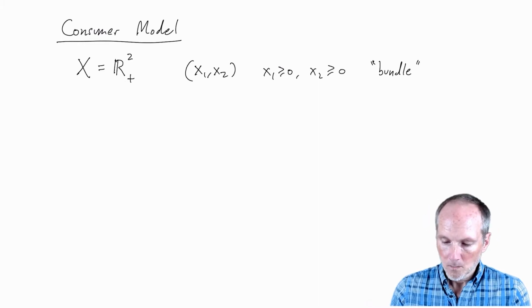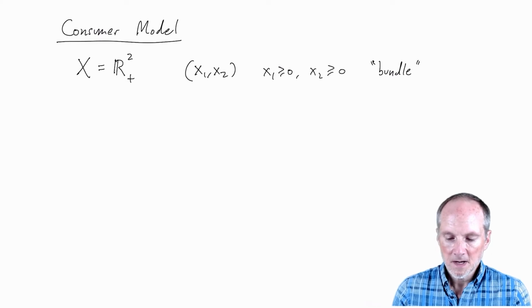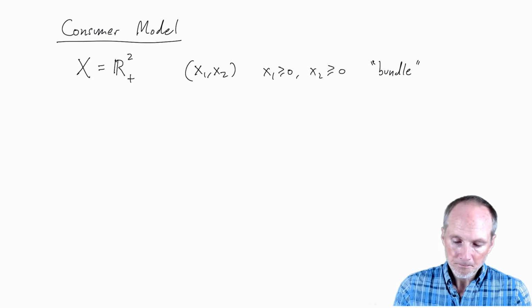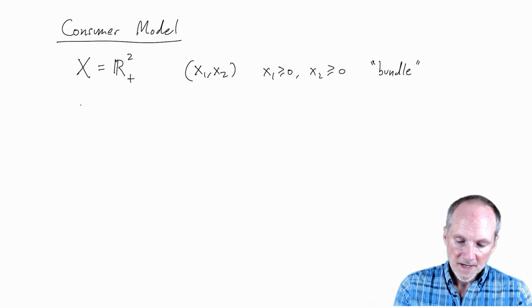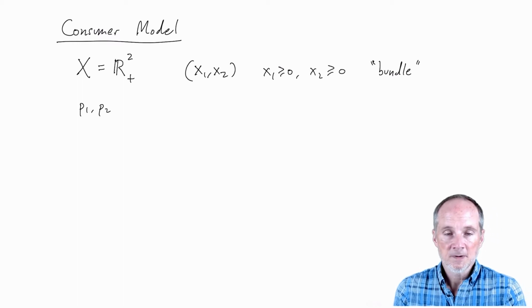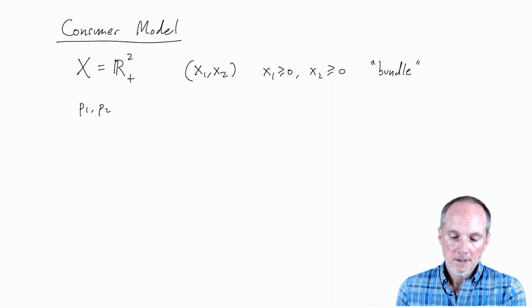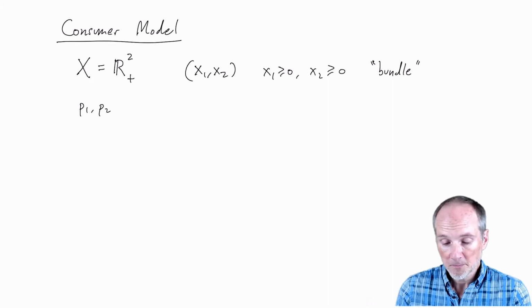Okay. We'll come back to the geometry behind this, but let me just continue with notation right now. So the price of good 1 is going to be p1. The price of good 2 is p2.